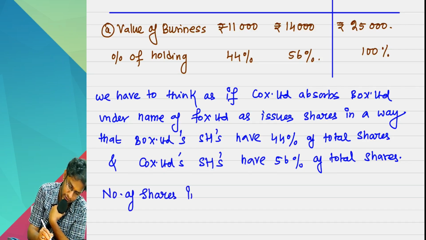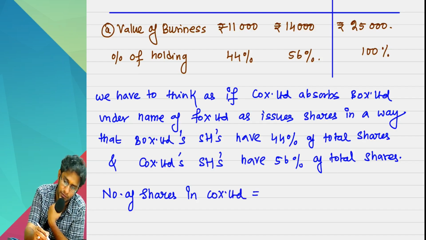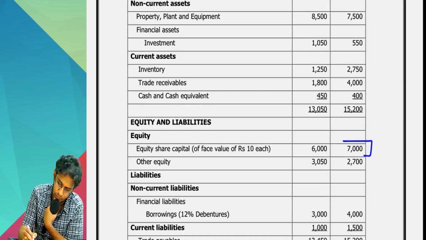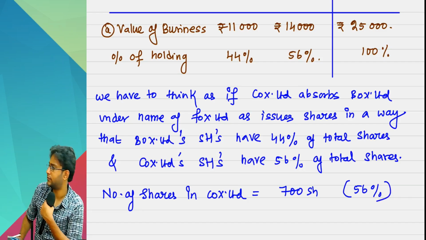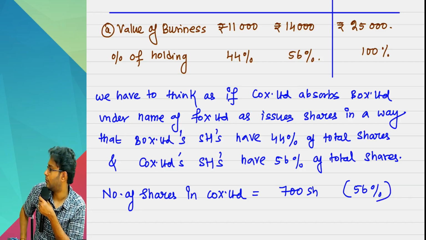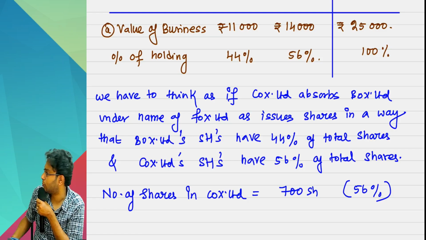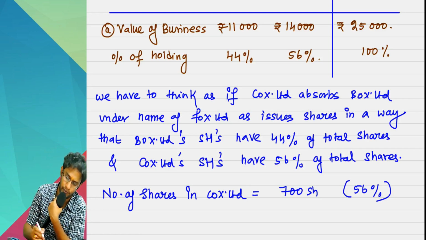Number of shares in Cox Limited. Go look at their balance sheet. 7,000 at 10 rupees per share, so 700 shares. This will be 56%. Whatever shares they are already having, that should be 56% of shares to them.